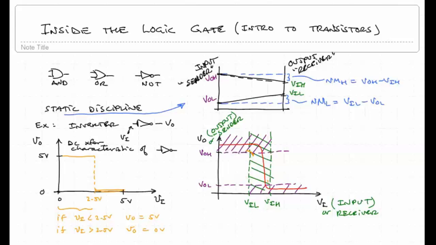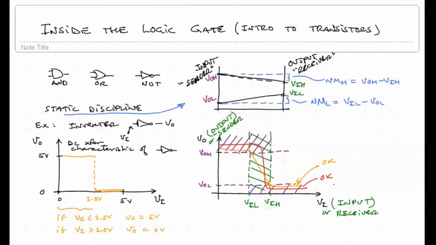If it came around this corner down here, just barely, that would be at the threshold of meeting our static discipline. Okay, so this is okay, and this red one is okay.